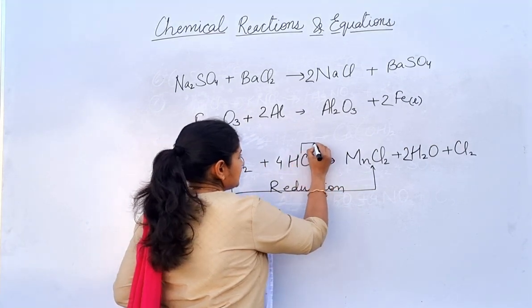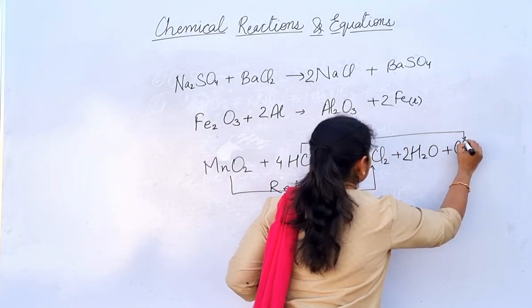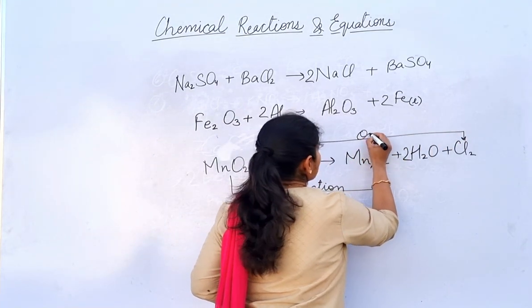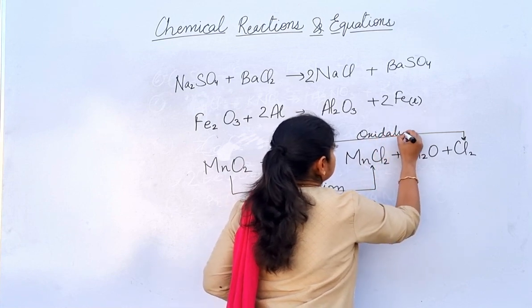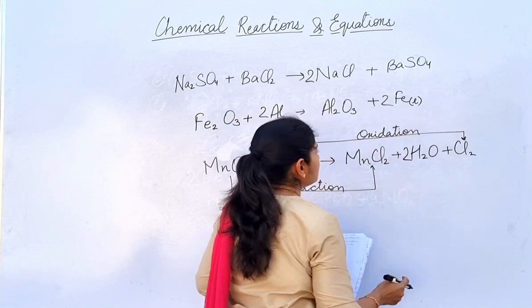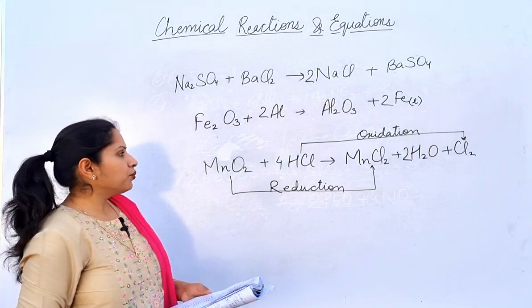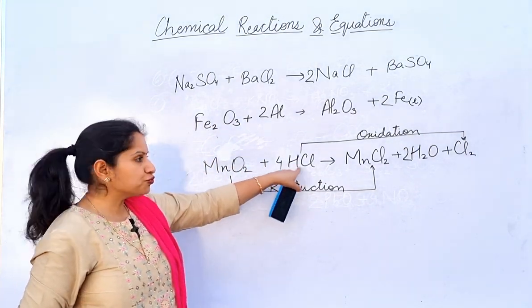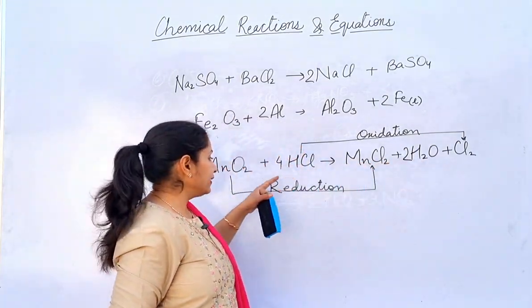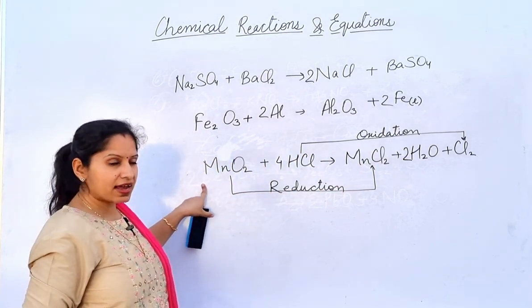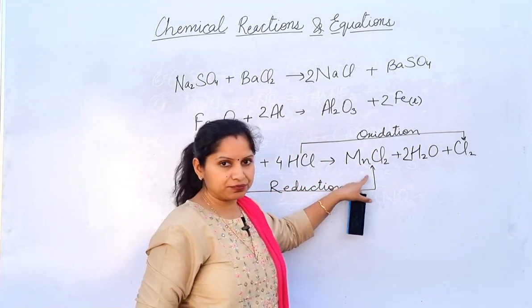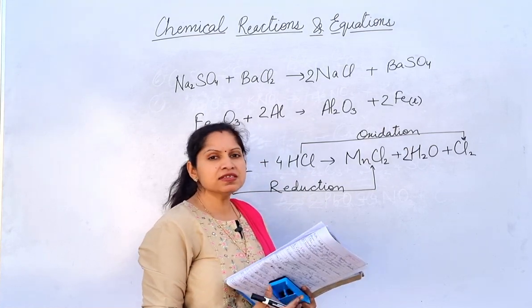And HCl forming chlorine, that is its oxidation. So this is an example of redox reaction where there is oxidation of HCl to form chlorine and reduction of manganese oxide to form manganese chloride. Okay, Mn represents manganese.